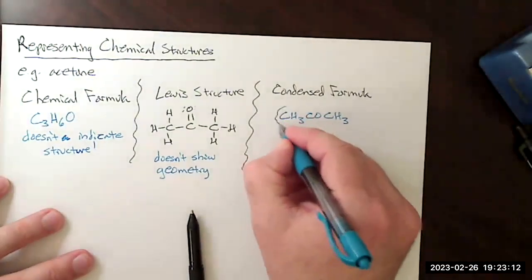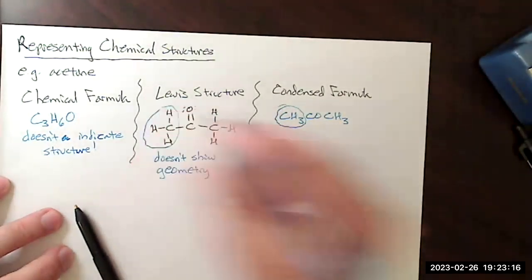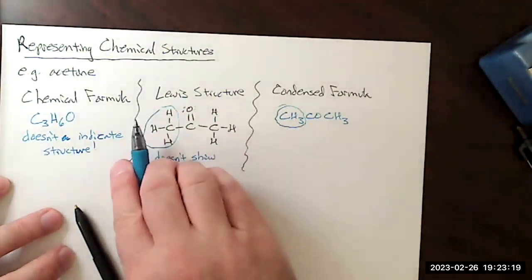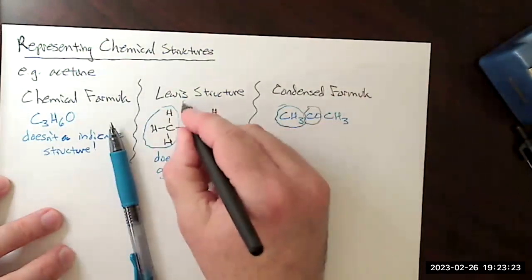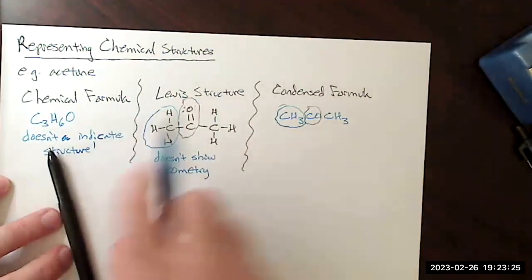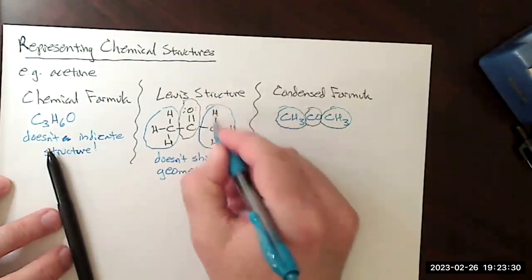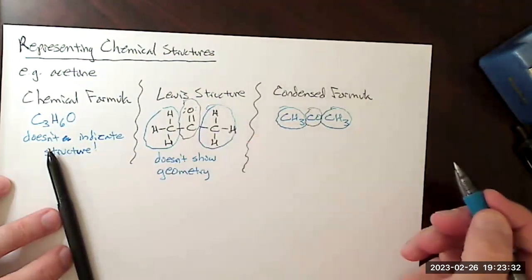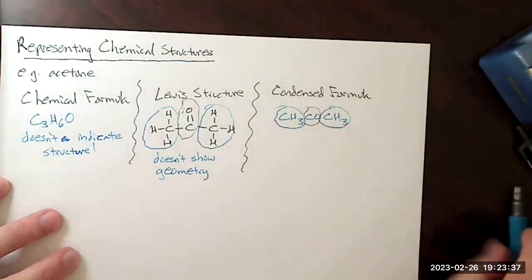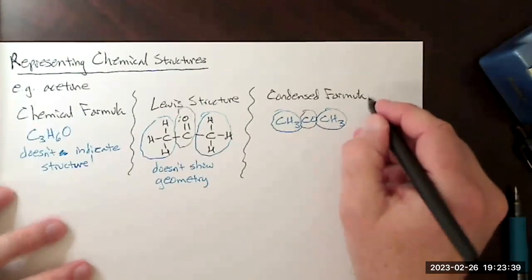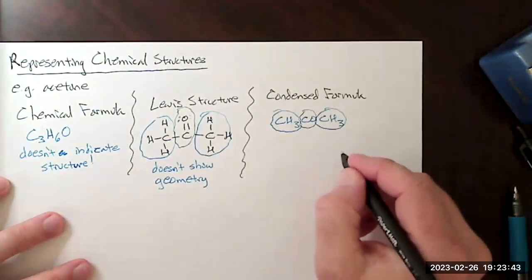So we have CH3, and then we have our CO in the middle. We understand that to be C double bond O. And then we've got another CH3 on the other side. So this hints at the structure, but doesn't explicitly draw it out.